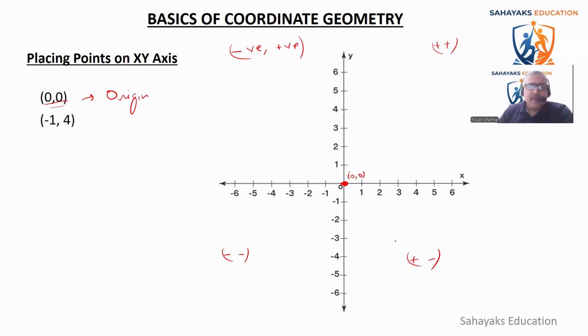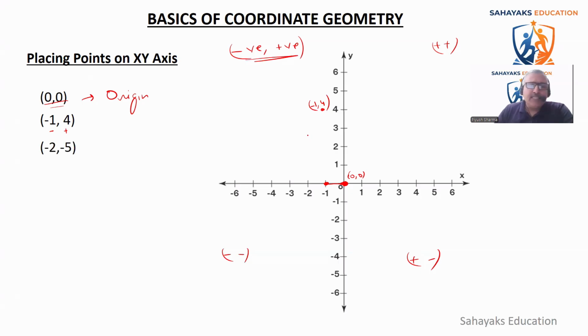By looking at this, we know -1, 4 is negative, positive, so we can directly see it is going to lie in the second quadrant. We move in the x direction to -1, then we move in the y direction to 4. So this point here is -1, 4.